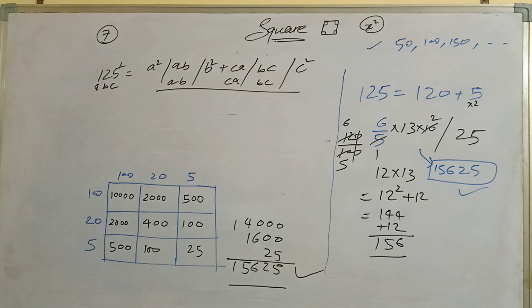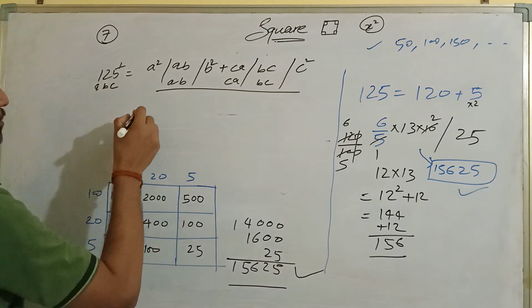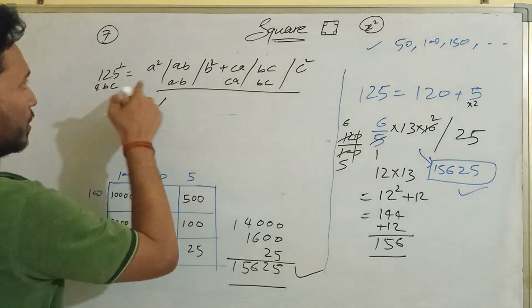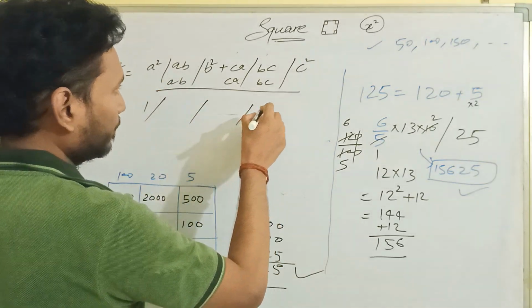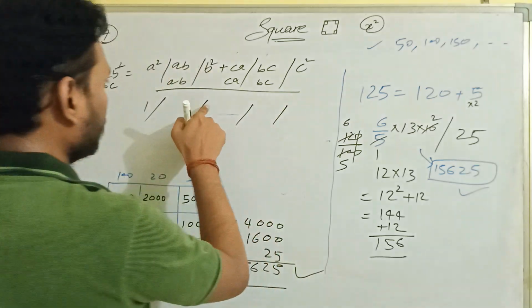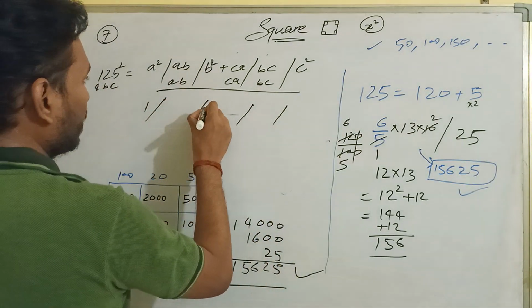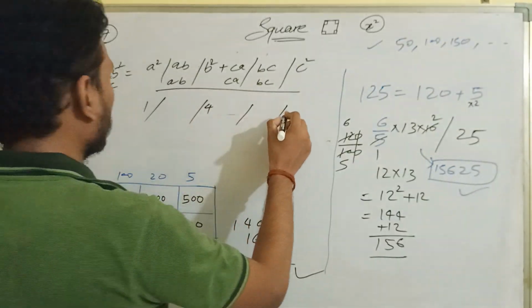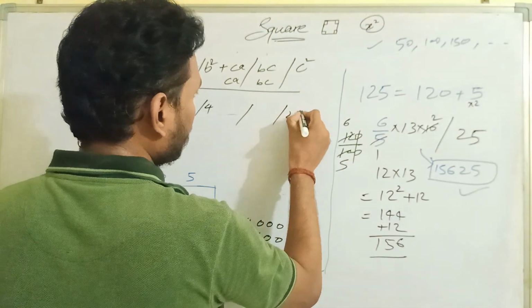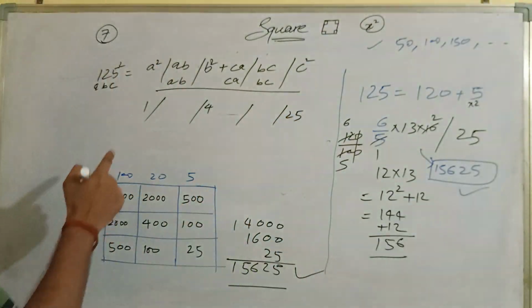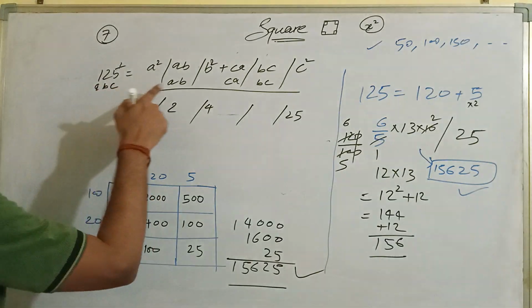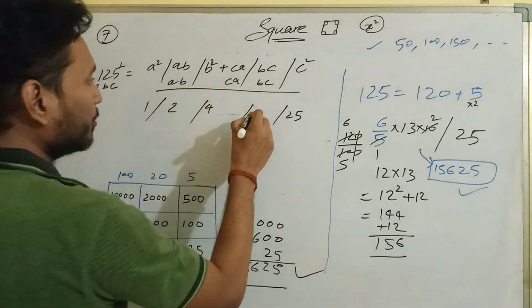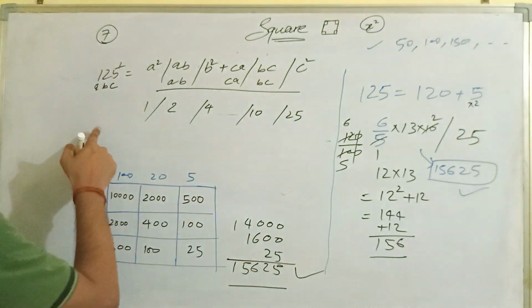Now first A square will be 1. B square will be 4. C square will be 25. Clear? Now AB, 1 into 2, is 2. BC, 5 into 2, is 10.